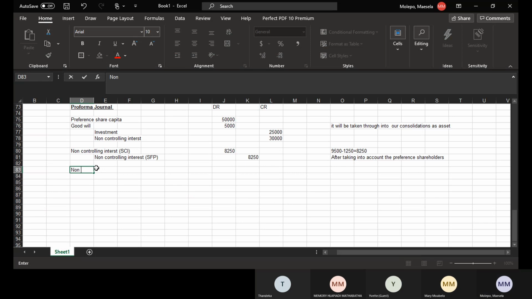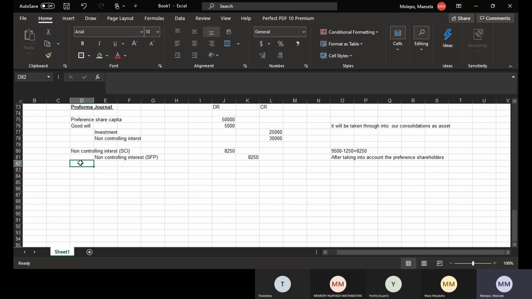On the previous transaction, the one for the 8,250, we were recording the narration. As seen in the study guide, we are recording the non-controlling interest in the profit after tax of S Limited after the provision of the preference dividend. You see, even in the narration, they mention after the provision of the preference dividend for the current year.